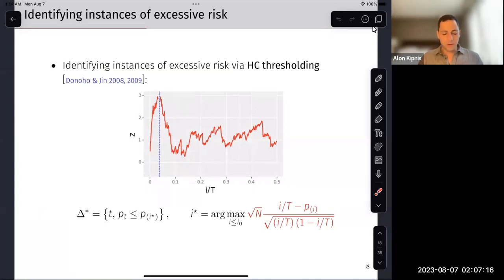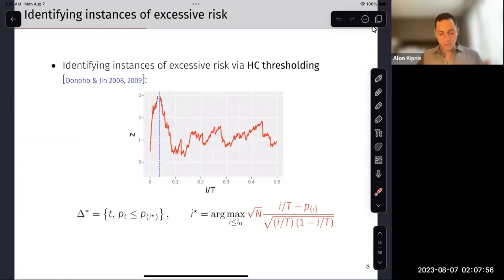It was developed by Donoho and Jin, and it says that higher criticism is a maximization over a particular expression, a standardized form of the p-values, and the maximum value gives you the higher criticism statistic, represented by the maximum of this curve. Now, if you look at the index that attains the maximum value and think about that as a threshold, you look at all the p-values to the left of it.